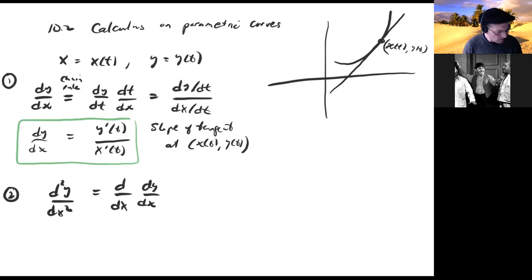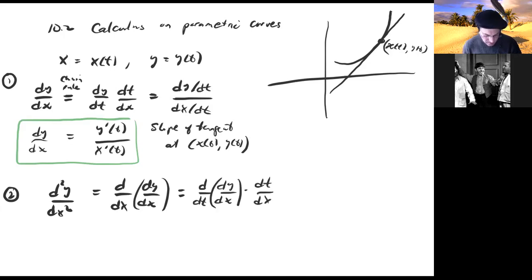Okay, but now what does that mean? What is that going to be? Well, by substituting for y in the previous equation, we use the chain rule with dy/dx instead. That's going to be the same thing as the derivative with respect to time of dy/dx times dt/dx, by the chain rule again.